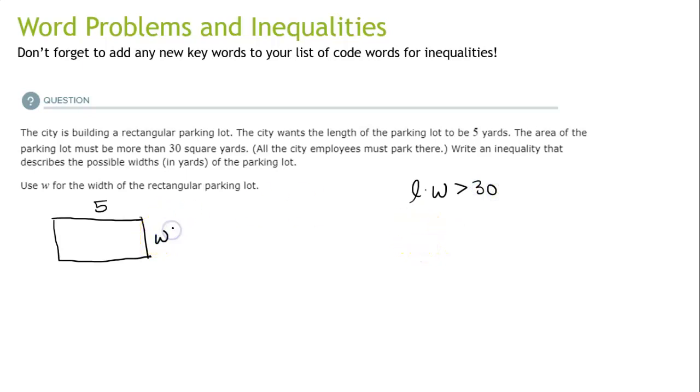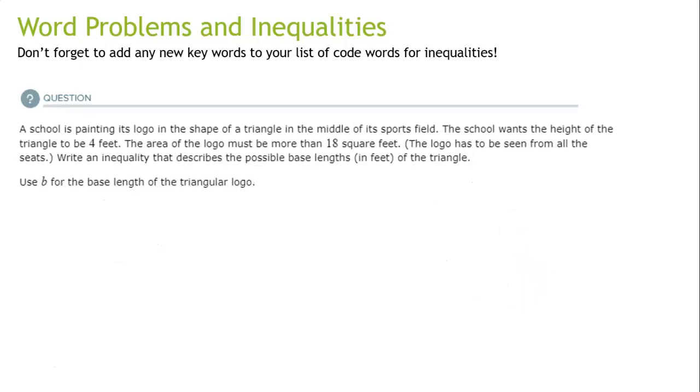I don't know the width. That's a question mark. I do know the length. So it's 5w is greater than 30. And so we would divide both sides by 5. And so w is greater than 6. So for the area of the parking lot to be more than 30 square yards, we would need the width to be greater than 6 if the length is 5.